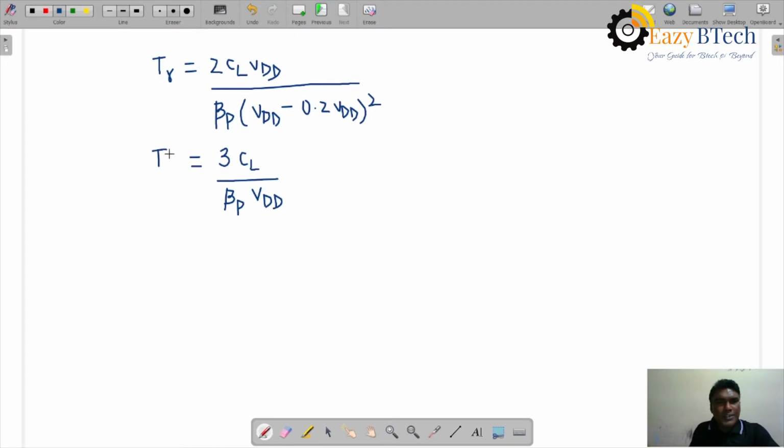This is the rise time of the output capacitance when the PMOS is on.